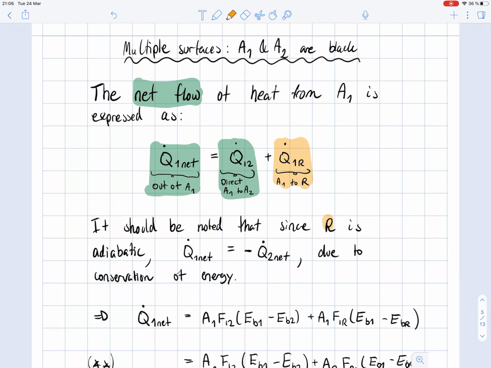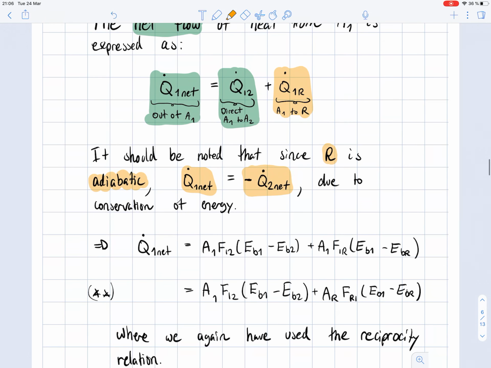Now, since R is adiabatic, the net heat transfer rate for surface 1 must exactly balance the negative of the heat transfer rate for surface 2. If not, energy would not be conserved. So, we can, for a black body, calculate this Q12.